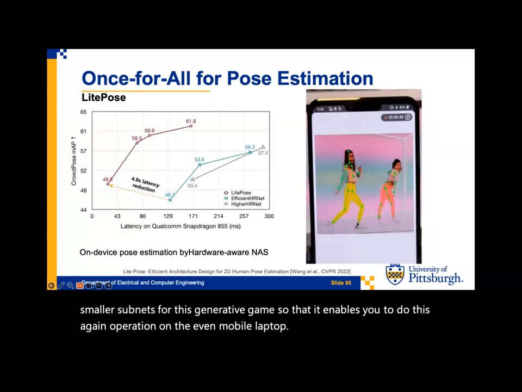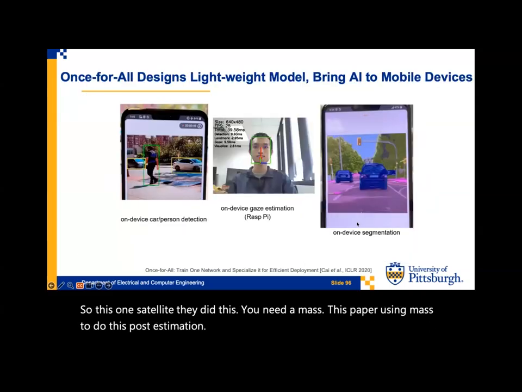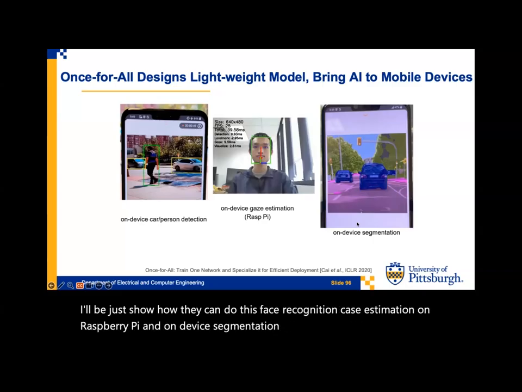This one is using NAS to do pose estimation. And this one shows how they can do face recognition, gaze estimation on Raspberry Pi, and on-device segmentation and all these applications.